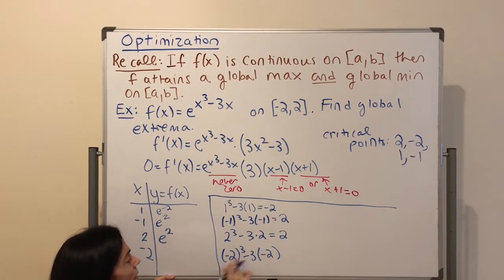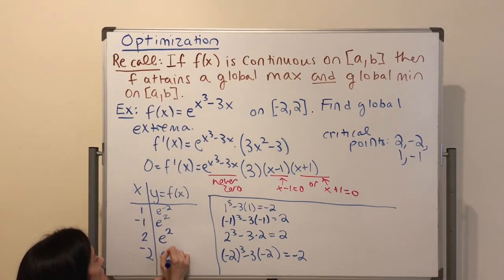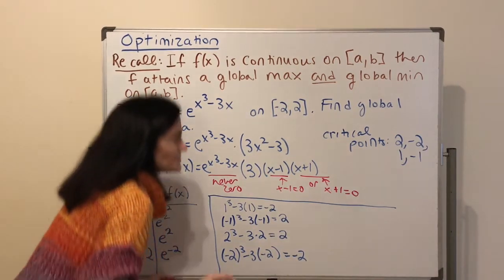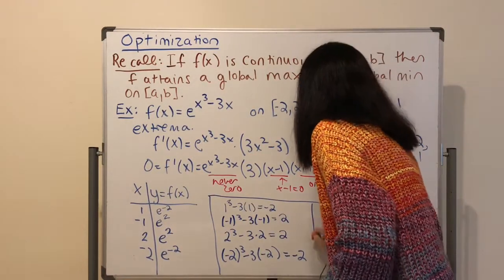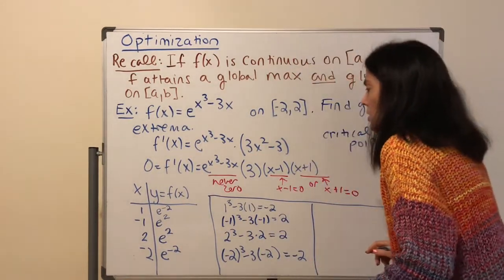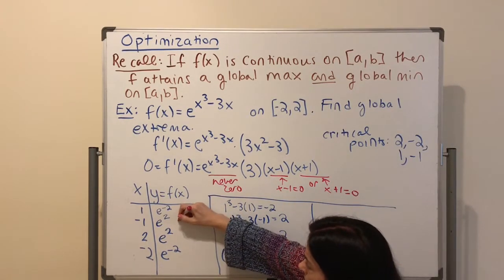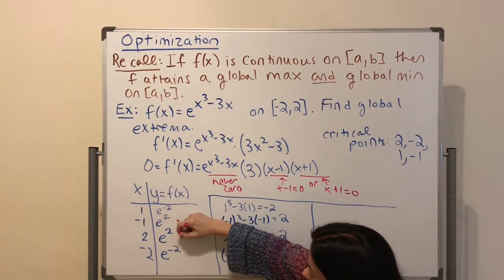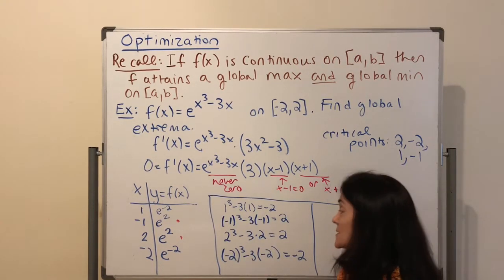This is minus 8 plus 6. We get negative 2. So this one is e to the minus 2. Now we see the function value at all 4 of these. And in this problem, the highest is here and here. e squared is certainly bigger than e to the minus 2.